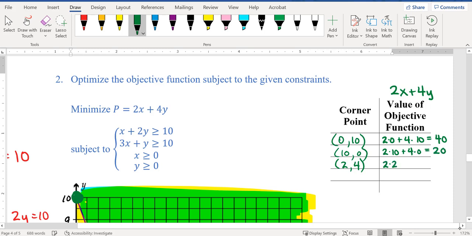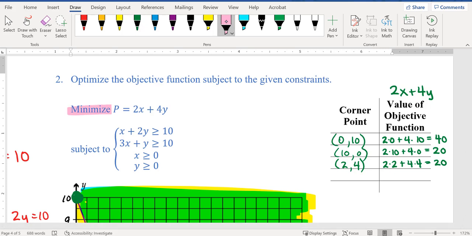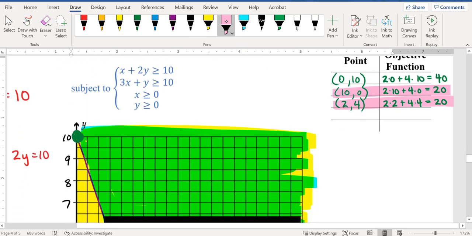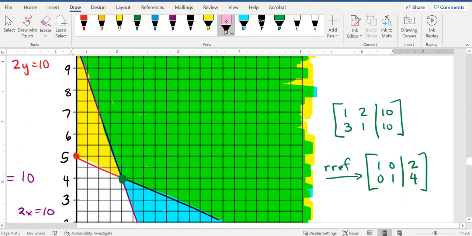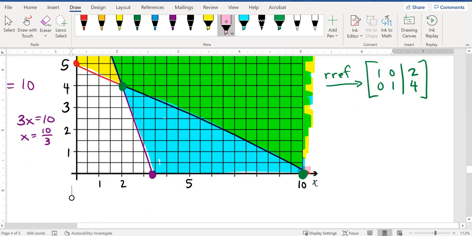And 2 times 2 plus 4 times 4, 4 plus 16 is 20. Okay, I'm trying to minimize the objective function. The smallest value occurs at those two corner points, at 10, 0 and at 2, 4, here and here.